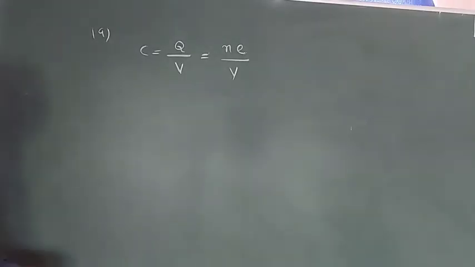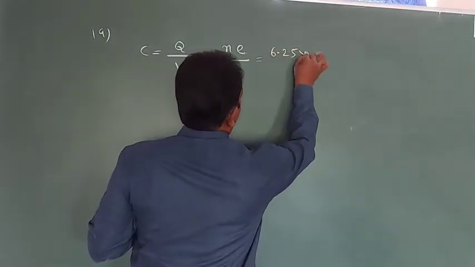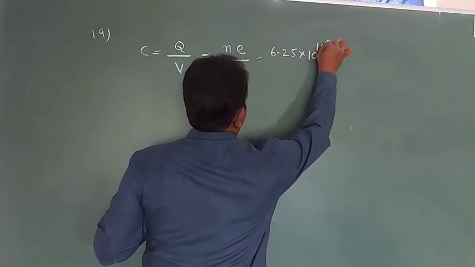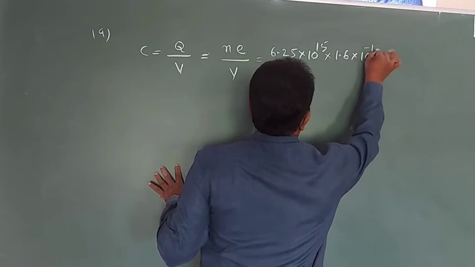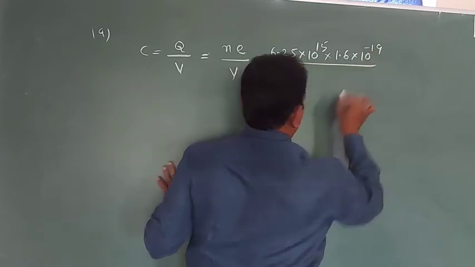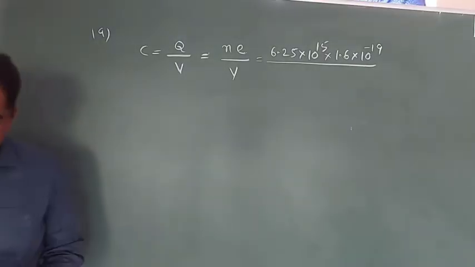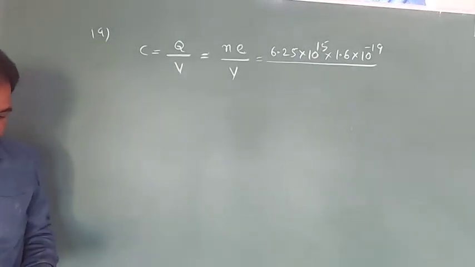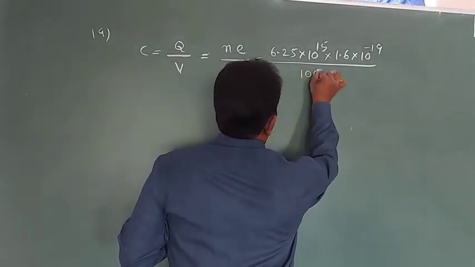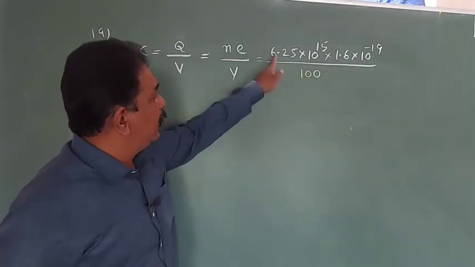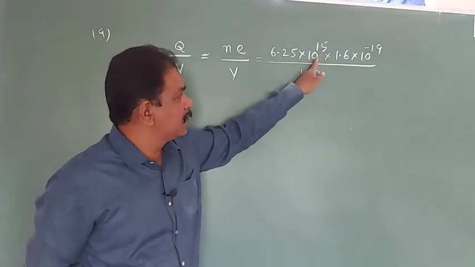So this is 6.25 into 10 power 15 they gave, times the charge of the electron, 1.6 into 10 power minus 19, divided by the potential value they gave, 100 volt. If we multiply these two, this will be 10 power 16.